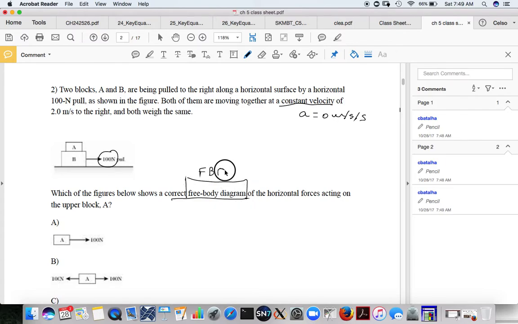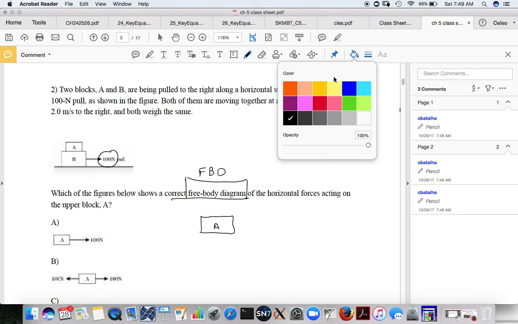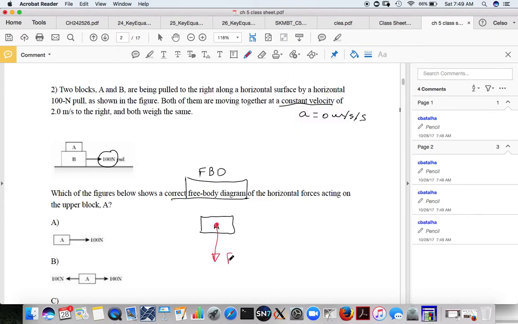FBD, free body diagram of the horizontal forces acting on upper block A. Okay, if you take upper block A, let's do a complete free body diagram, not just a horizontal one. Block A has Earth pulling it down, so it has a weight, and this weight is given by its mass times g.